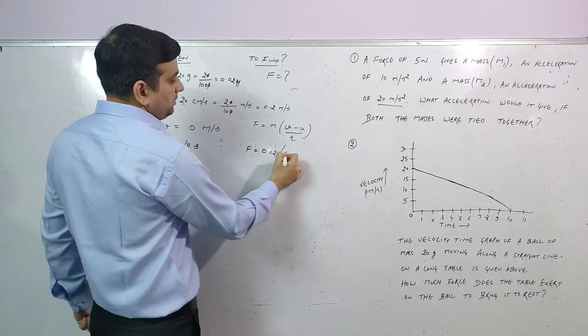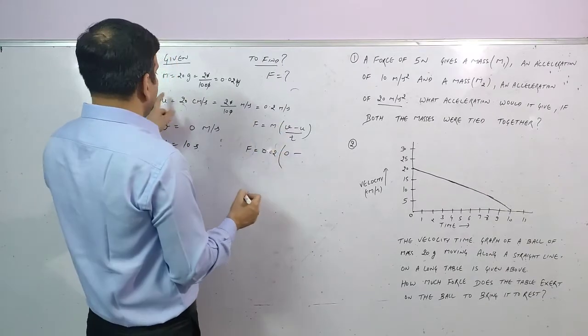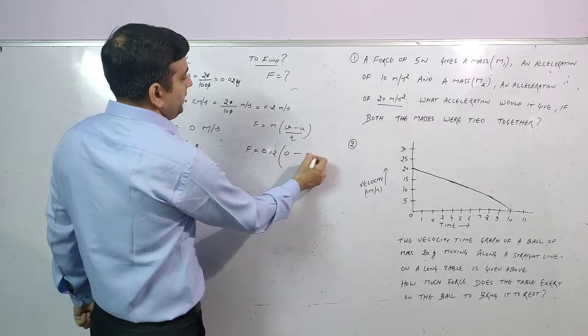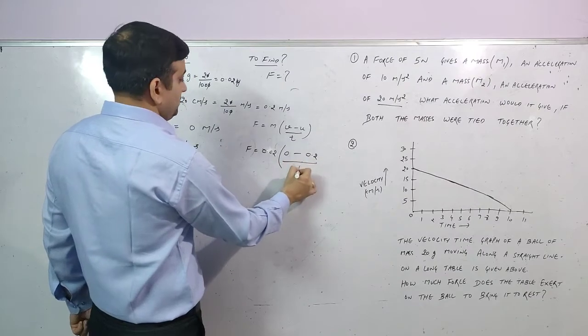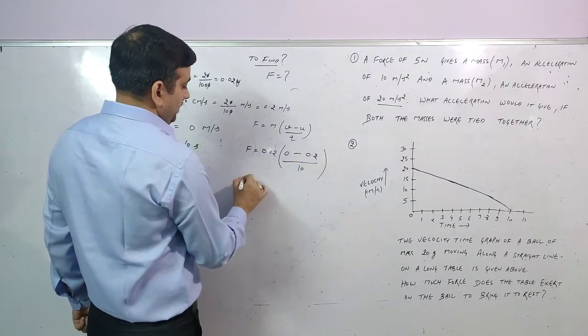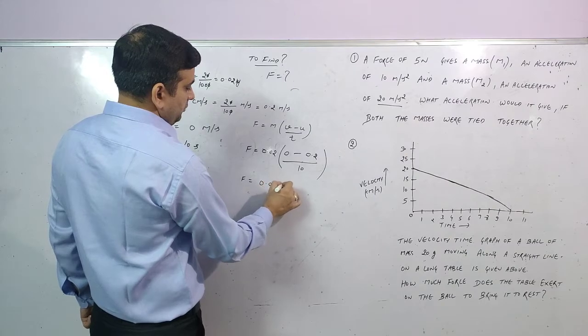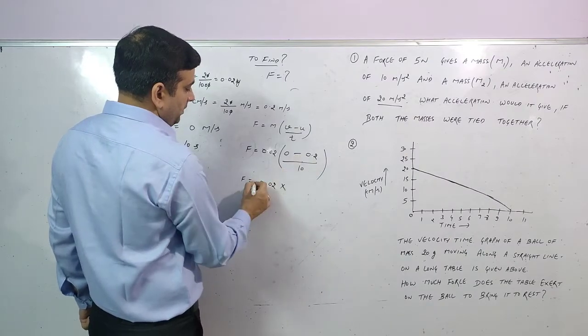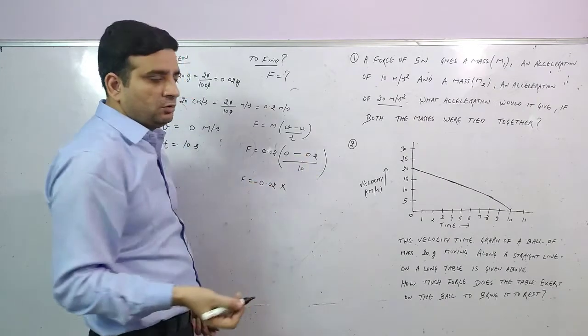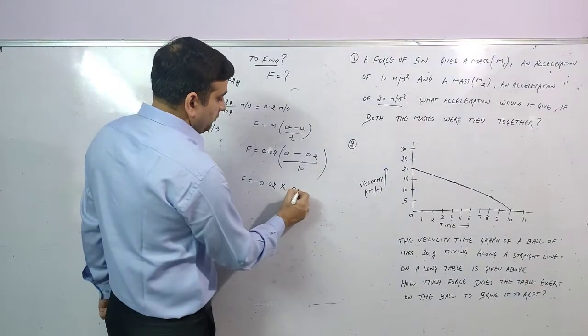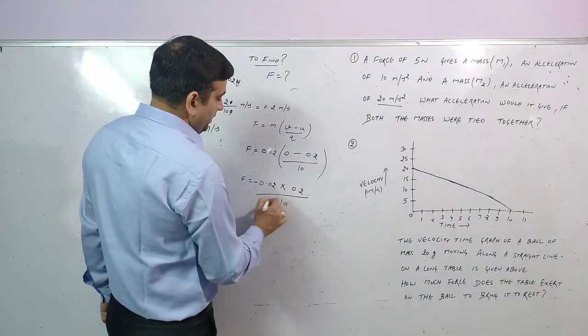Final velocity is 0. Initial velocity is 0.2. The time is 10 seconds. So F is equal to 0.02 multiplied by, I am bringing the minus sign forward because 0 minus 0.2 gives minus 0.2, divided by 10.